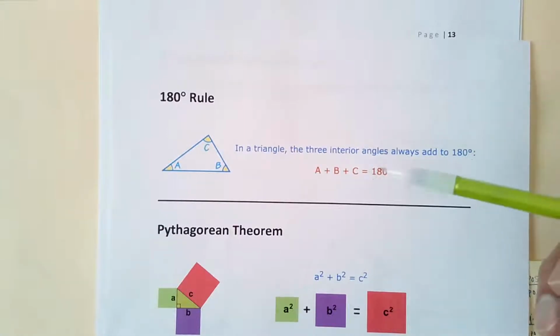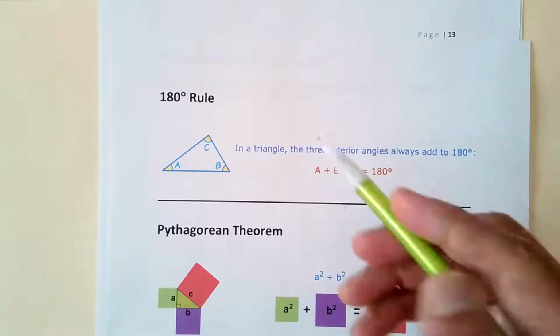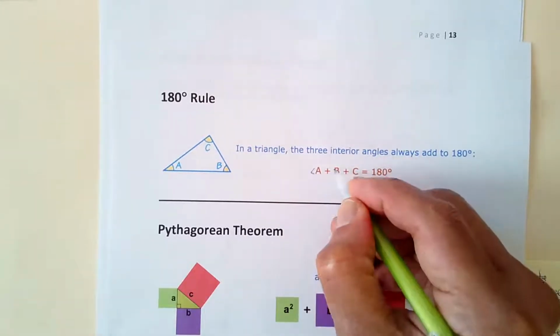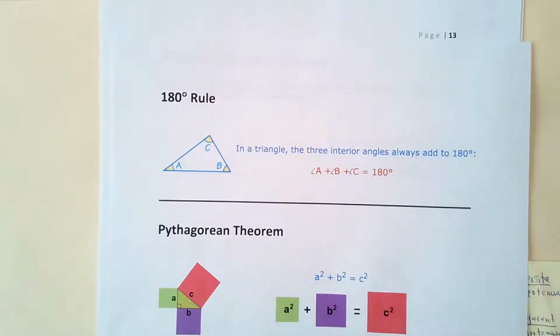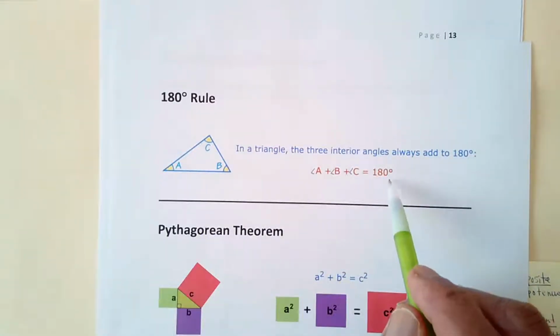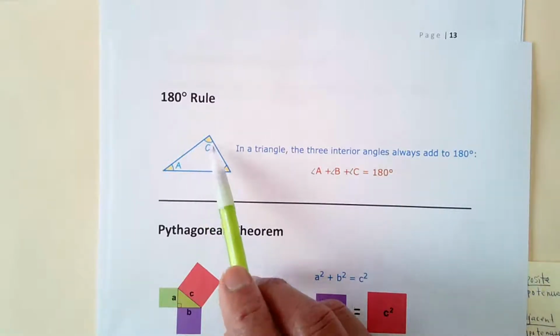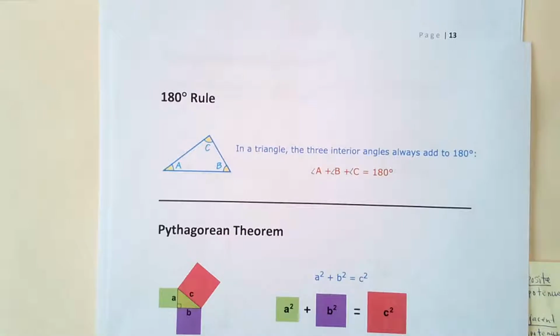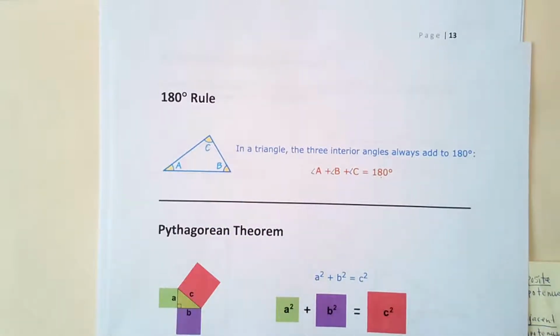In any triangle, the sum of the angles, angle A plus angle B plus angle C, is equal to 180 degrees. So if we know two of the angles, then we can find the third angle by adding the two that we know and subtracting them from 180.